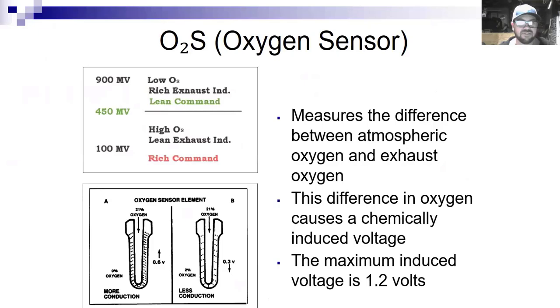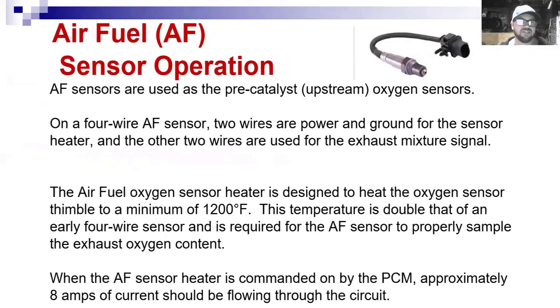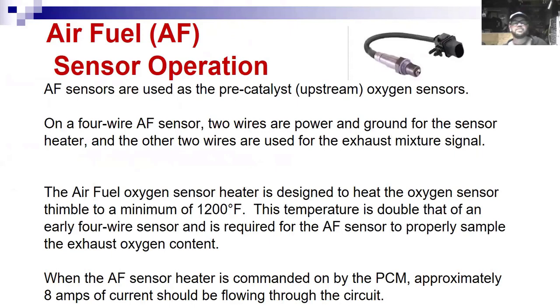Well, that's fine and great, but a lot of cars have moved away from oxygen sensors. They've moved to air fuel ratio sensors. And guess what? Those air fuel ratio sensors look a lot like an oxygen sensor on the outside. However, where O2 sensors needed to get up to 600 degrees to become hot and active, air fuel ratio sensors usually run double that.